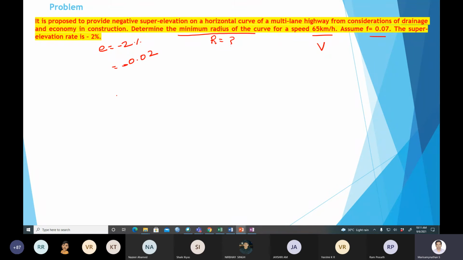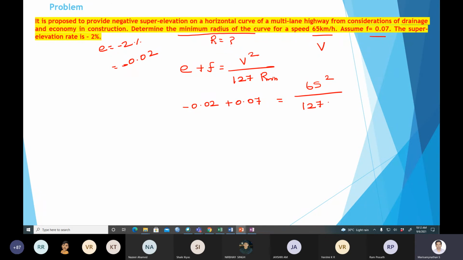This is what is given in the problem, and your equation is E plus F equals V square divided by 127 into R minimum. They are asking for the minimum radius. So E is minus 0.02, F is 0.07. If F is not given, then you can assume 0.15. V is 65 km per hour.